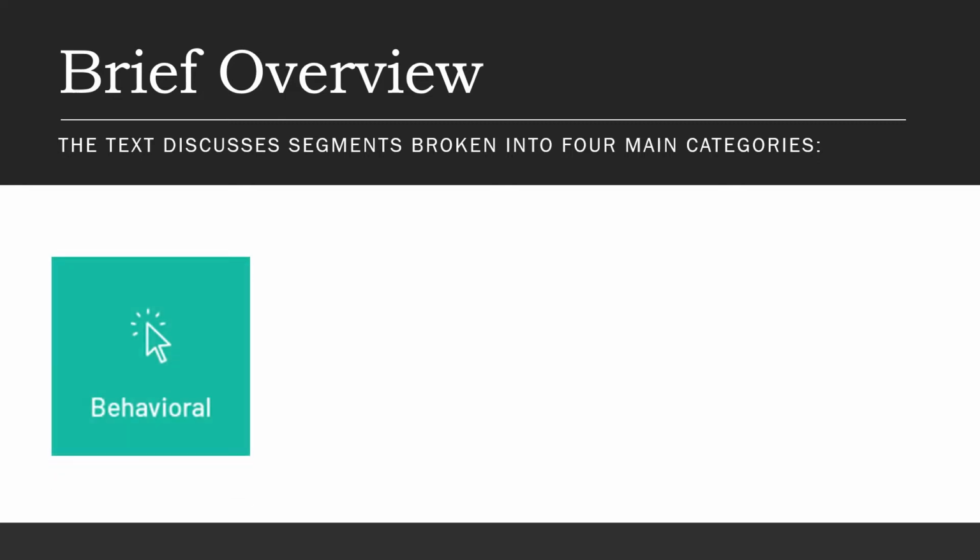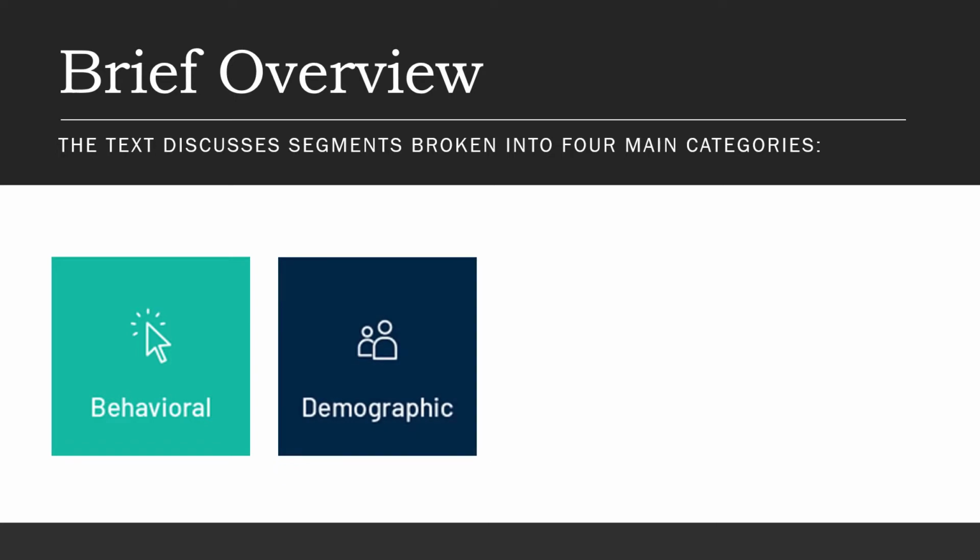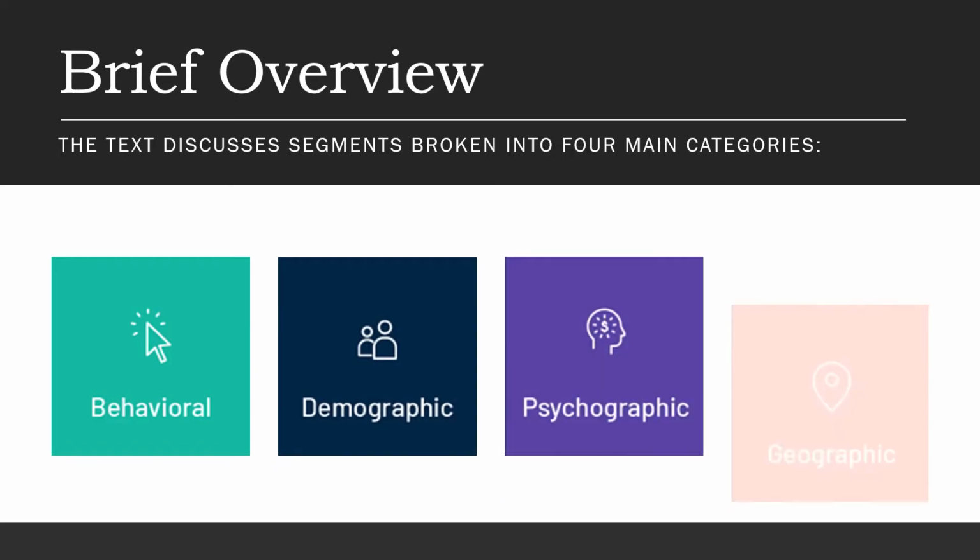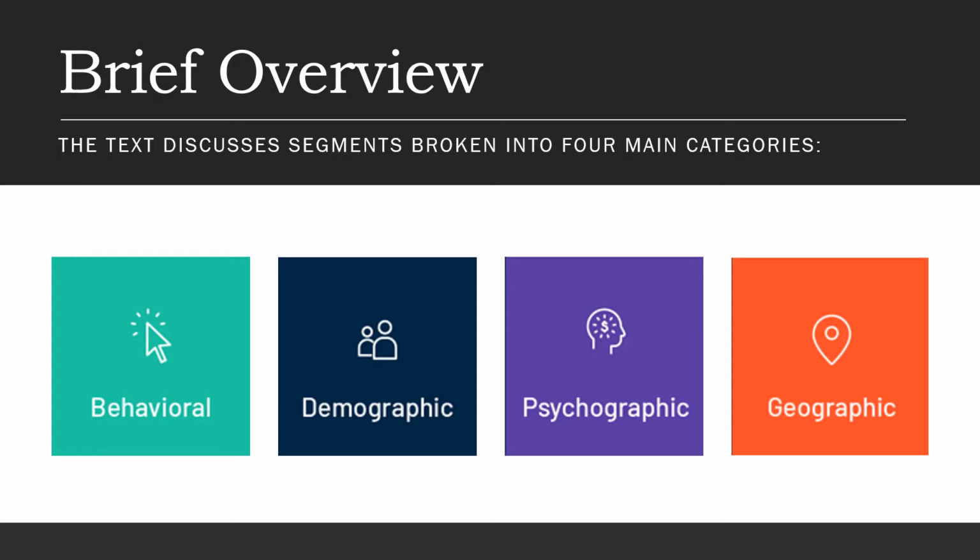So in the textbook, the market segments are broken down into four main categories. The first one is behavioral, then we have demographic, psychographic, and geographic. The demographic gets into the age, life stage, income, gender, and even generation of consumers.